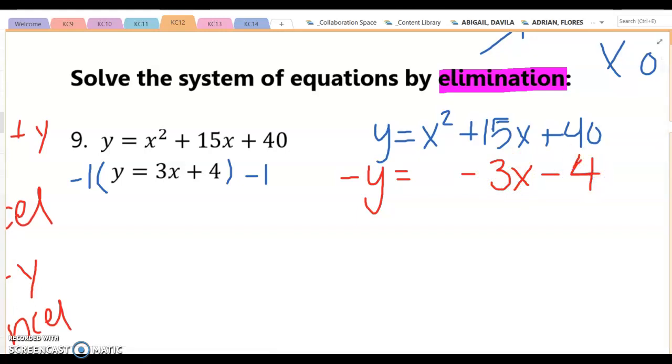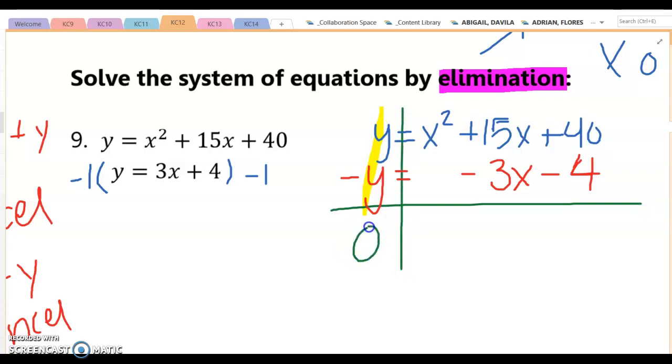So now we have a situation where we have a positive y and a negative y, so those two just cancel each other out. Now we want to write what our new equation is. Our y and our -y cancel each other out, so now all we have is 0. Our x squared, we just bring down because there's nothing to combine it with.